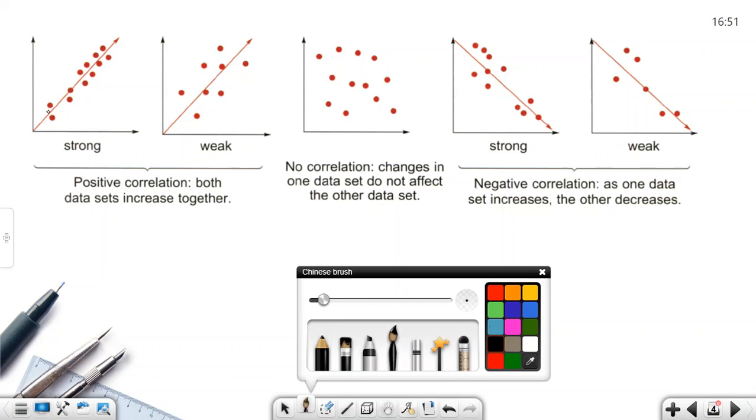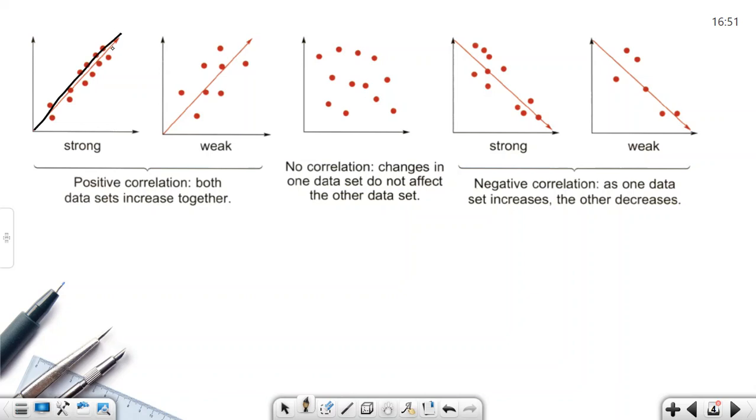Okay. As you see, if the points are very close to the line, and the slope is positive, it is going up, we call it positive correlation, and it is a strong one because the points are very close to the line.